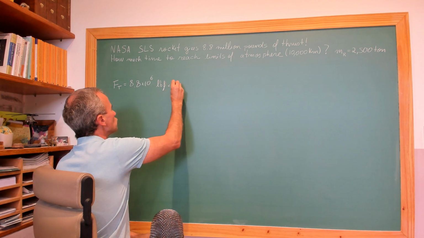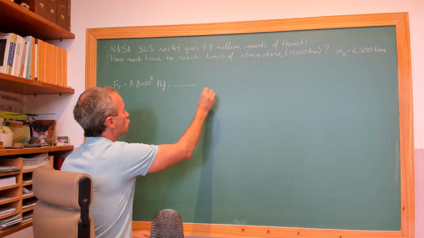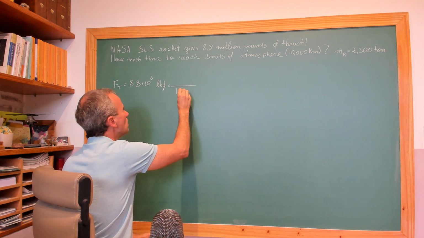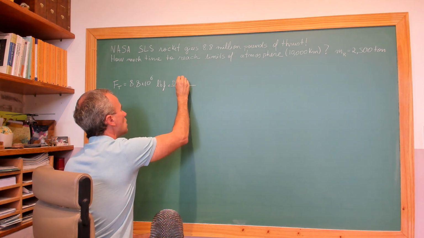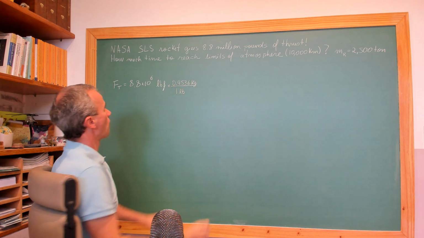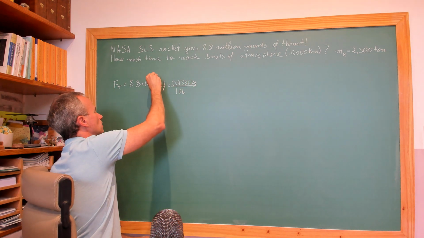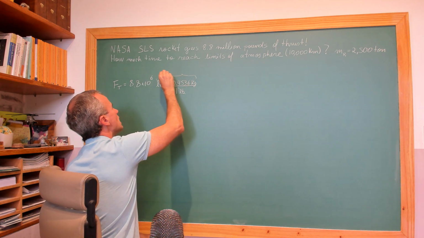Now, the first thing we have to do is change this pound to kilogram. I know that 1 pound, 1 libra, is exactly 0.4536 kilograms.